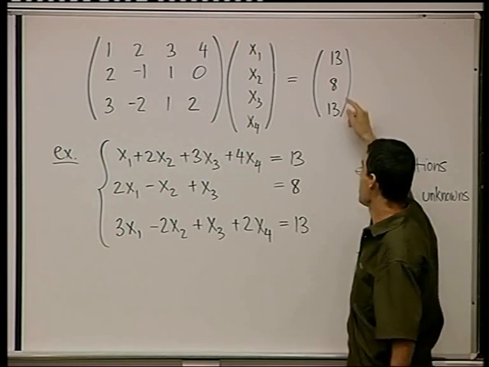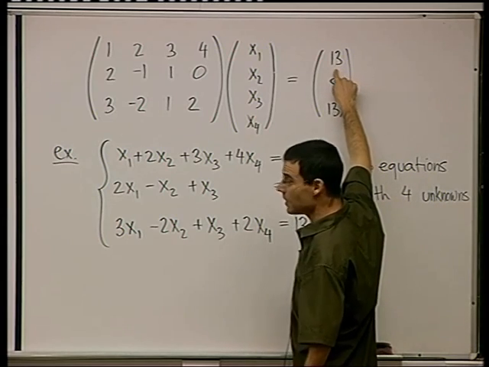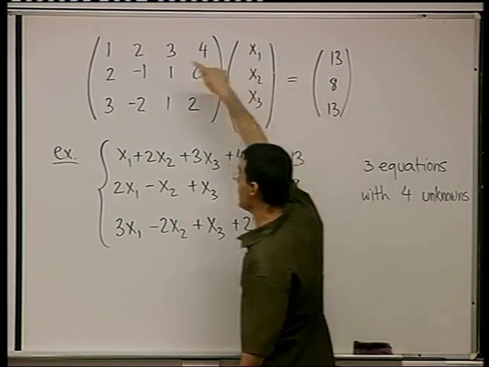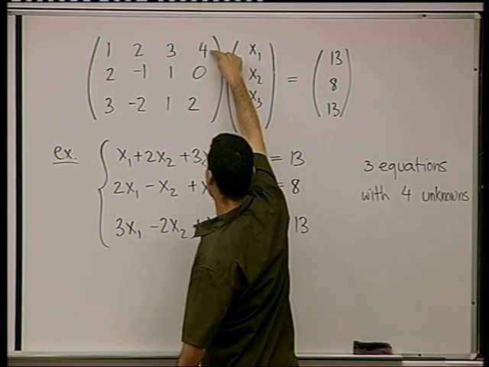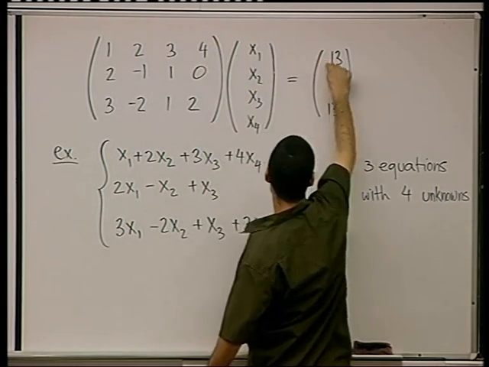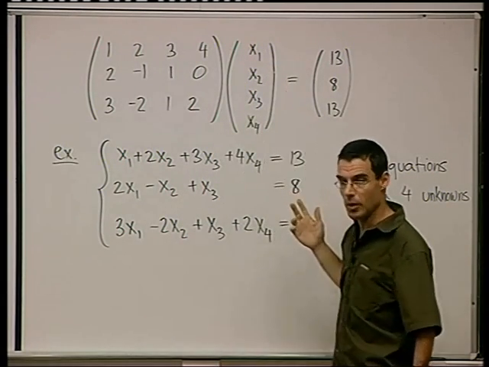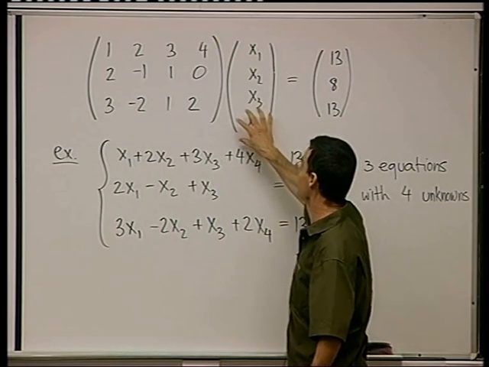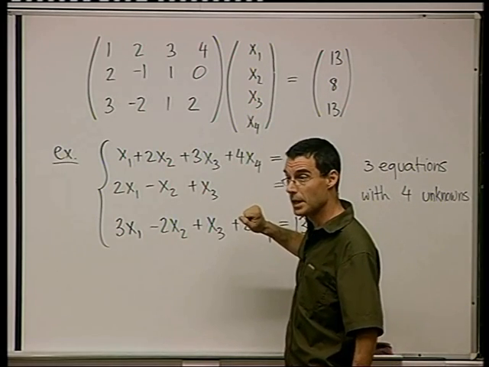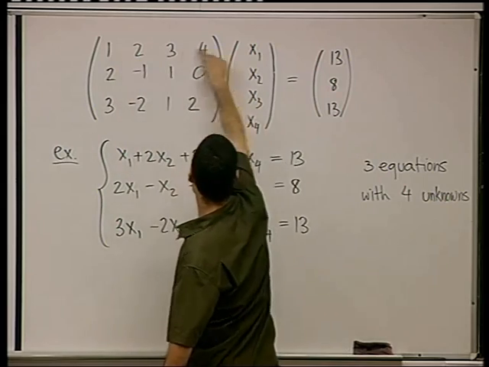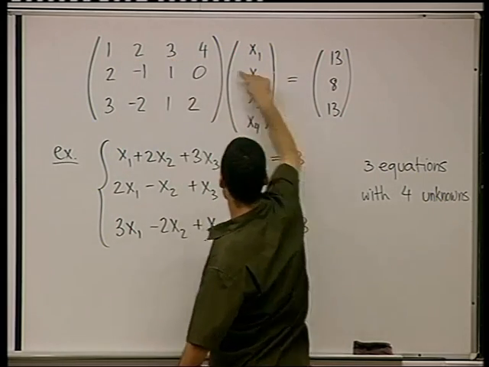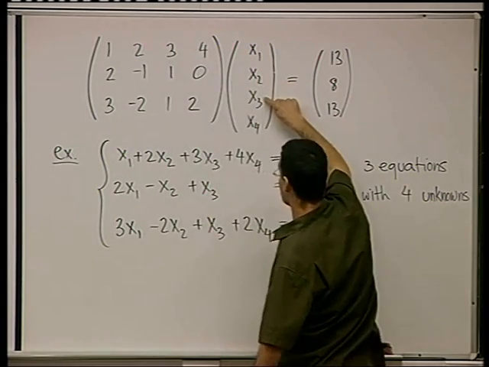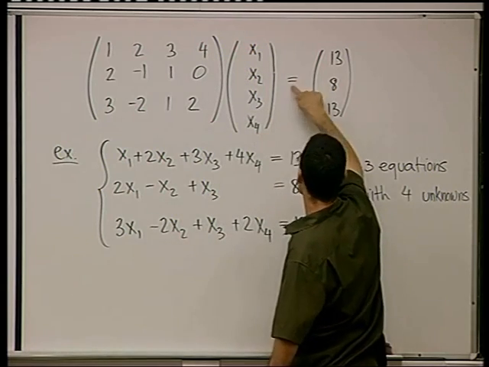Why? Because this 13, by definition of matrix multiplication, is the first row of A times the first column of B, but B of capital B, of this matrix, right? So it's 1 times x1 plus 2 times x2 plus 3 times x3 plus 4 times x4 equals 13.